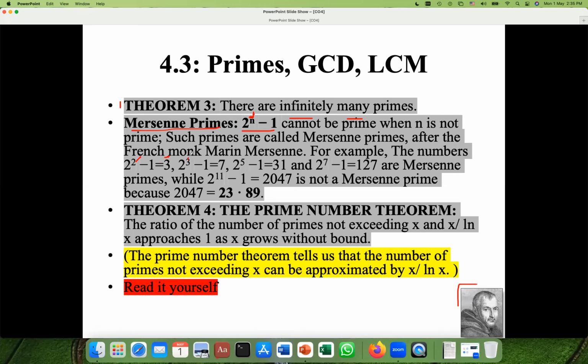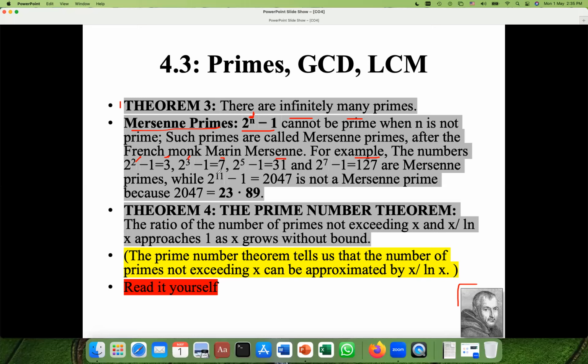This n is a prime. So 8 minus 1, you have 7. So this is also a prime. 2^5, which is 32 minus 1, is 31. 31 is a prime. Okay. 2^7 minus 1 would be 127. It is a prime. So all these things which are written here, these are called Mersenne primes.